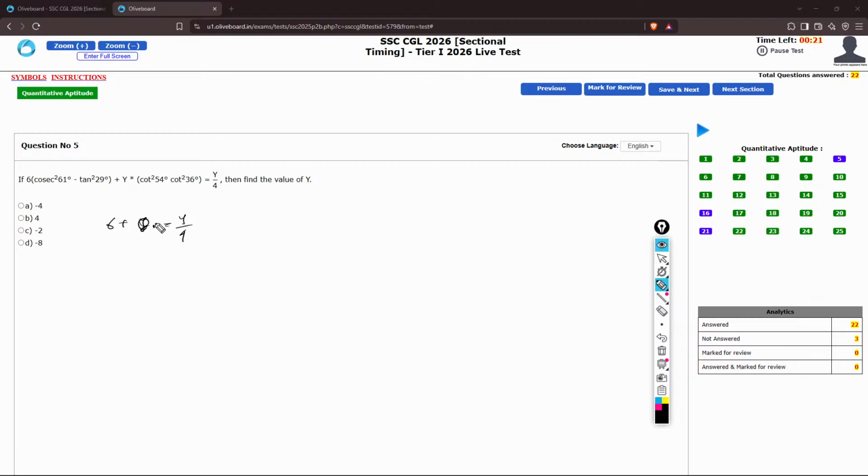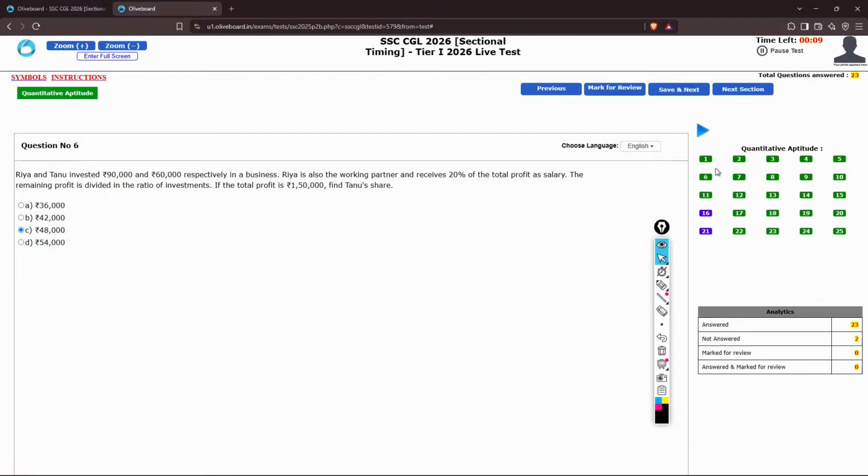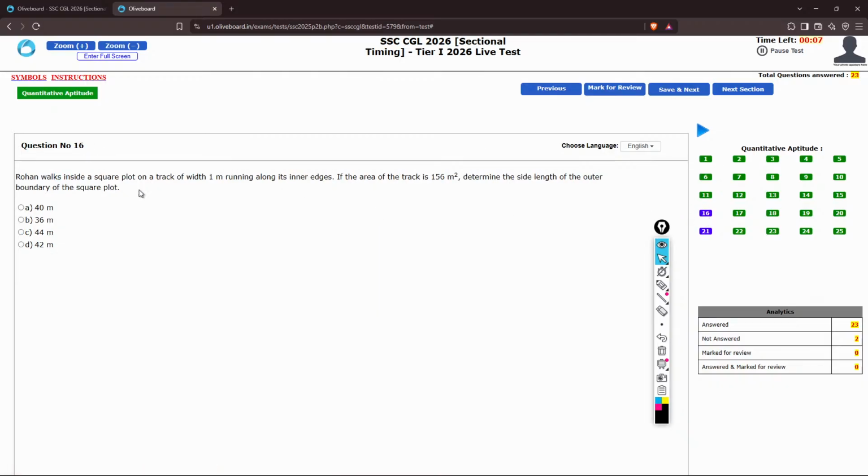So this side, if it comes minus y, it becomes minus 8. Okay. It did not make much sense to me actually. The area of the track only. Oh no.